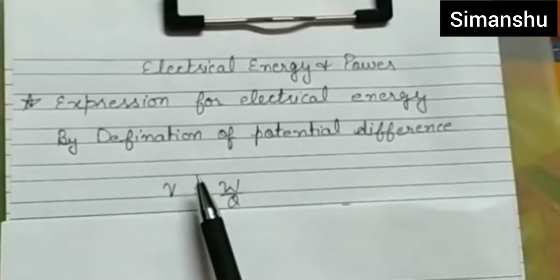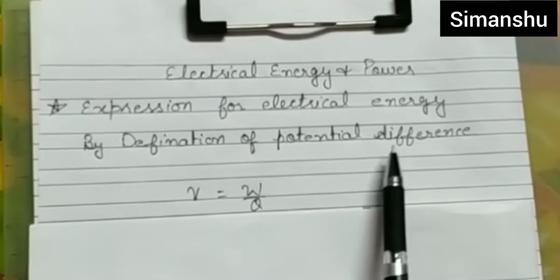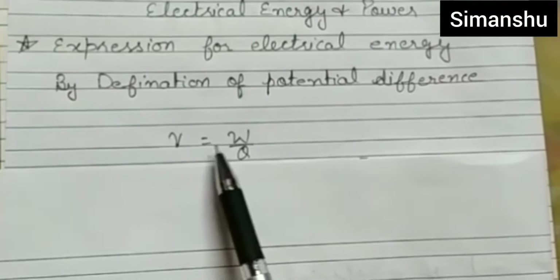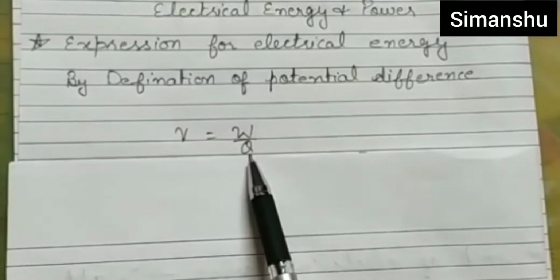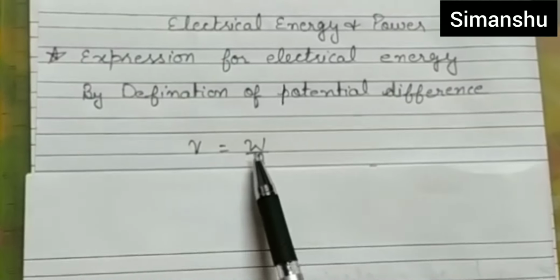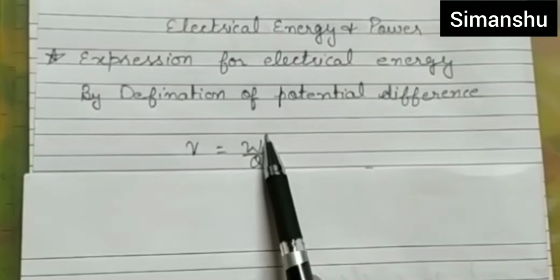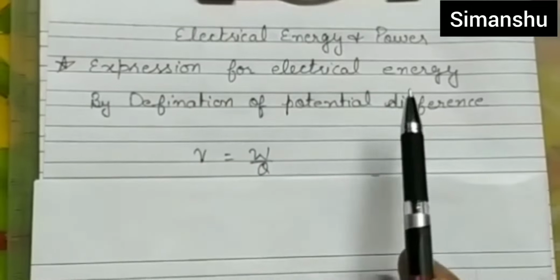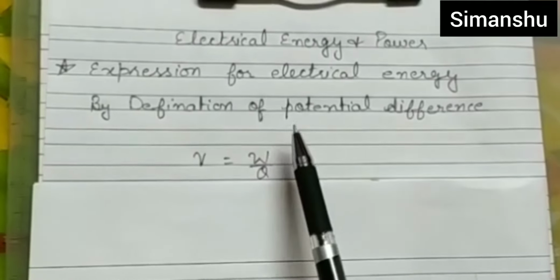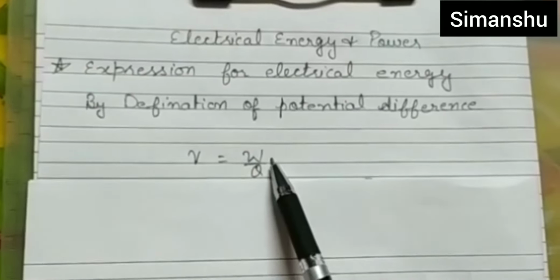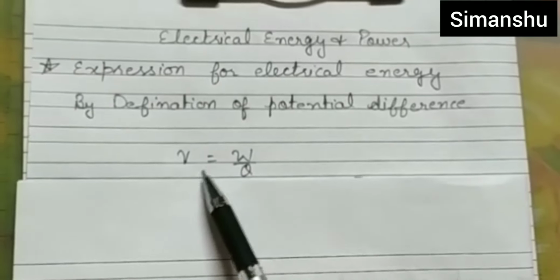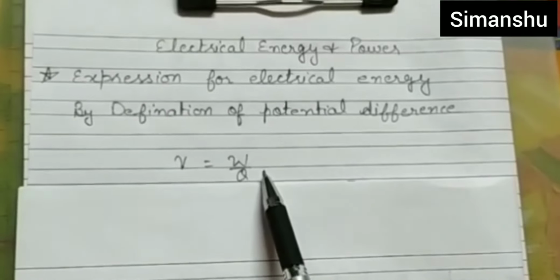According to that definition, potential difference is defined as work done in bringing a unit positive charge from one point to another. So here the word work done came. And what is energy? Ability to do work. Okay, you got the relation? What it means is we have to apply this one formula to calculate electrical energy.